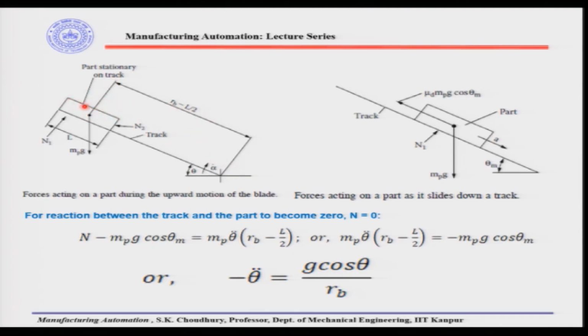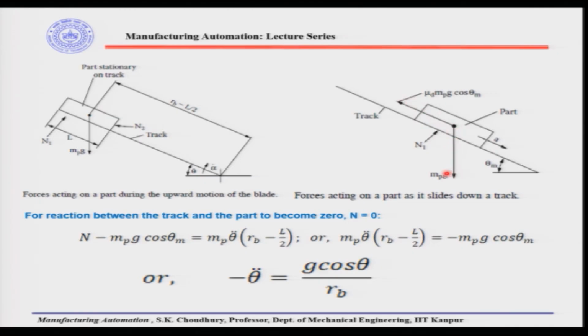This is the angular track inclination, and this is the maximum track inclination, theta m. When the parts are sliding down the track, here is the linear acceleration of the track, mpg, and N1 is the normal force. This is the free body diagram, and the friction force will be mpg cos theta m.